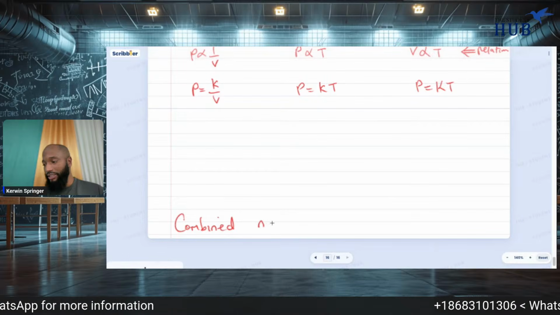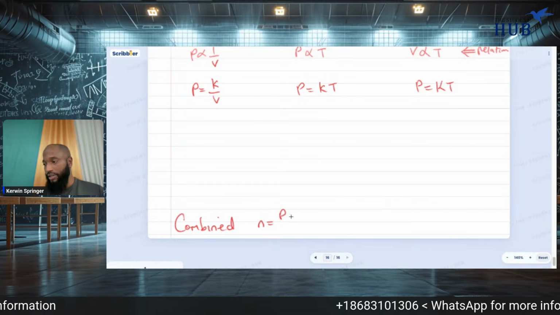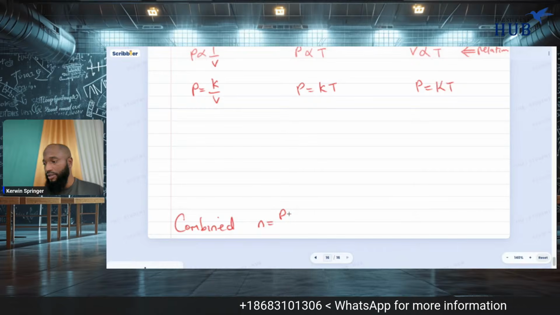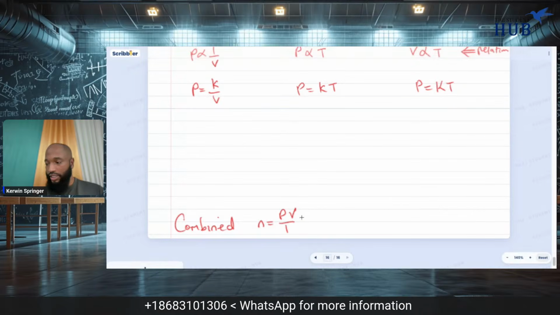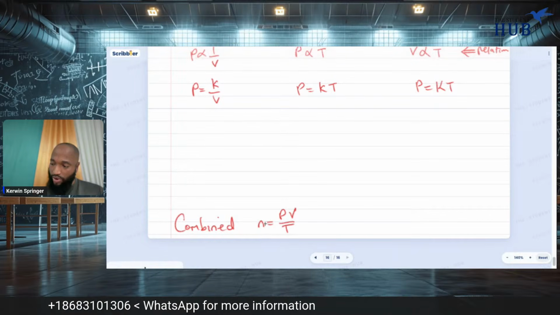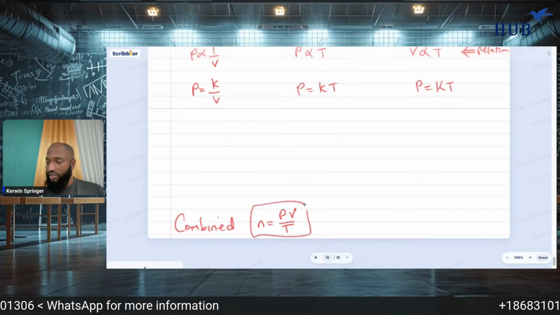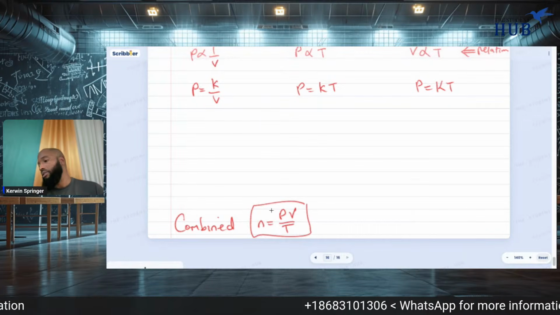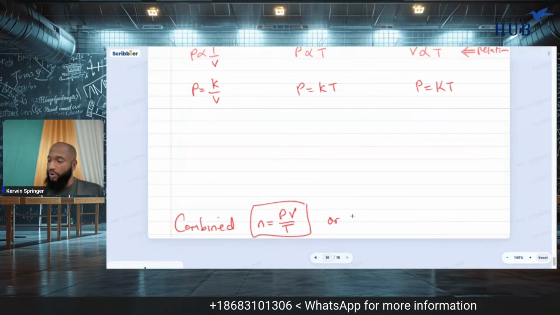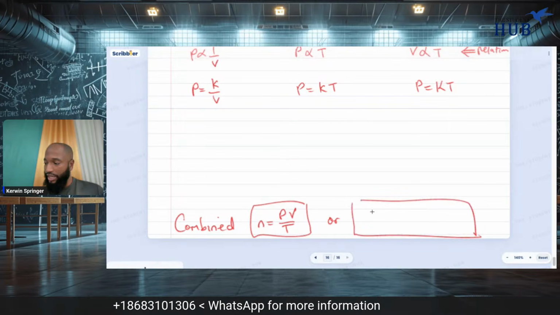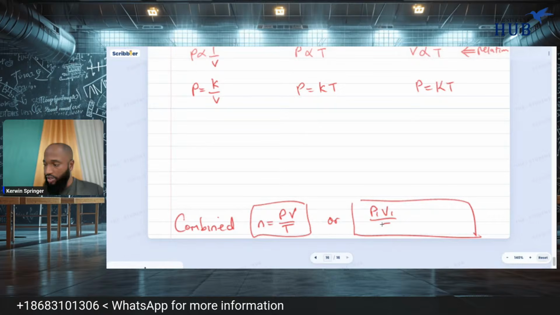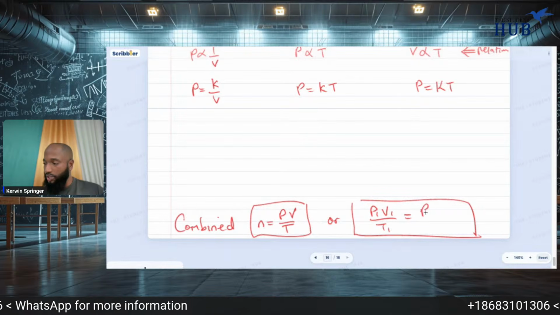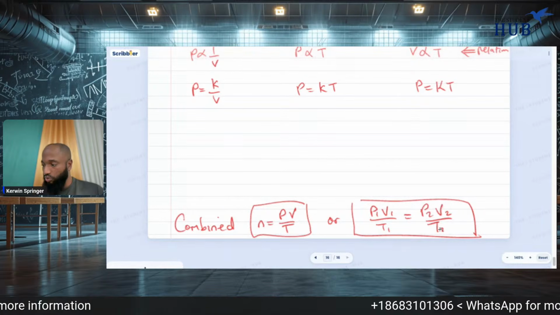So N is equal to PV over T. This is the more theoretical one where N is a constant. For a fixed mass of gas, pressure times volume over temperature is a constant. Or the one that you use in equations, Malik just put it in the chat there: P1V1/T1 is equal to P2V2/T2.